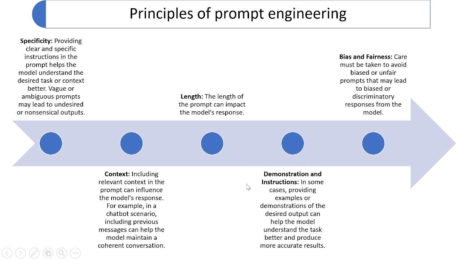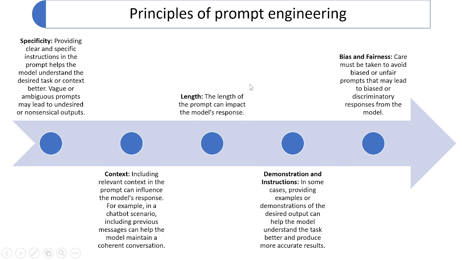Then we'll discuss demonstration and instruction. In some cases, providing examples or demonstrations of the desired output can help the model understand the task better and produce more accurate results. So if you want to get the desired output, you have to provide an example. I'll discuss these principles in the next topic.